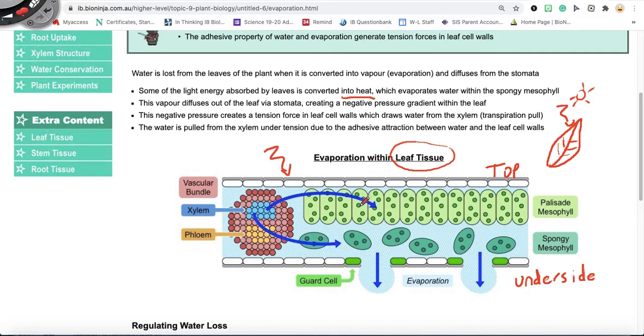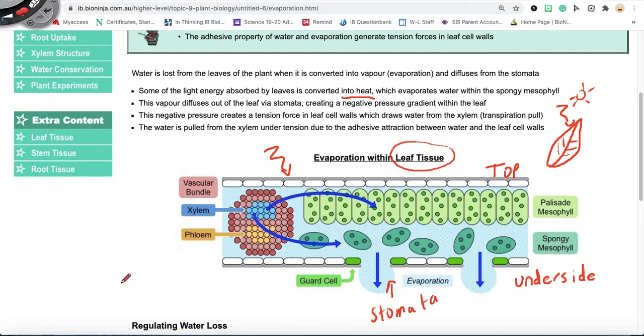Now, that means that the water found within this leaf tissue is going to be converted to gas, and it's going to evaporate. And when the stomata open, some of that water is going to evaporate. It's going to be converted into vapor or gas.